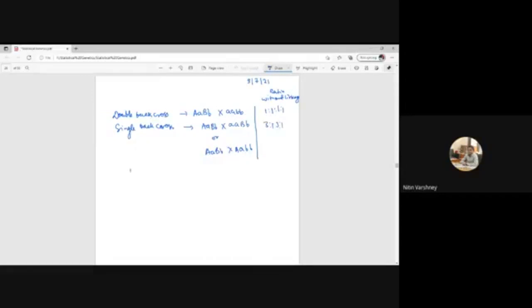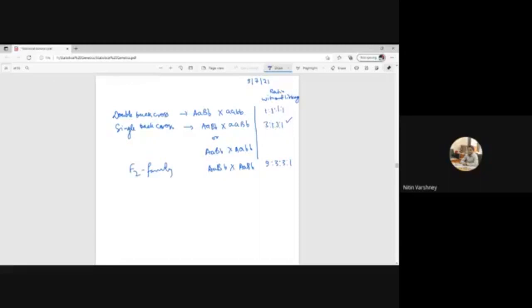And we know that the third case is the F2 family. In the F2 case, this is the selfing of our F1 hybrid AaBb crossed with AaBb, and the expected ratio is 9:3:3:1. Now due to linkage, this expected ratio will not come in this ratio, as some linkage will be there.